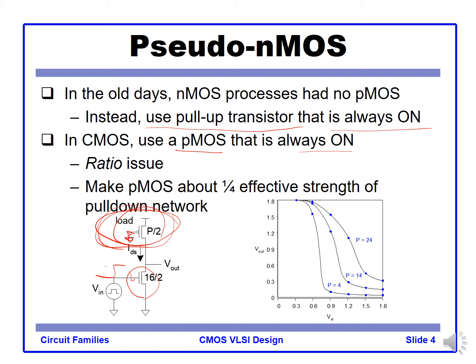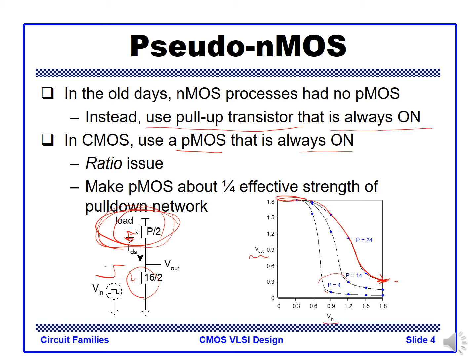The right figure shows the voltage transfer function, Vout versus Vin, for various P values. If you have too large a PMOS device, like P equal to 24, the pull-up is fine because it reaches 1.8, but for pull-down it doesn't go all the way down to 0.